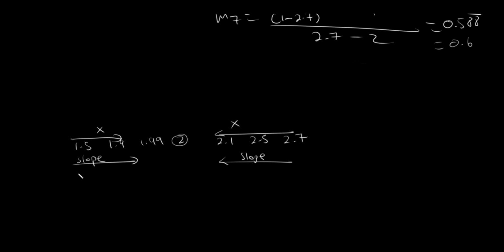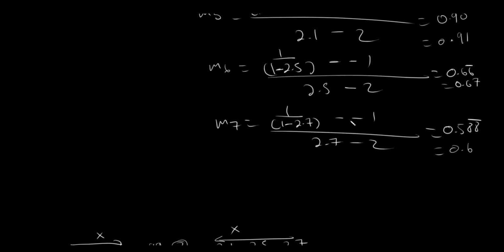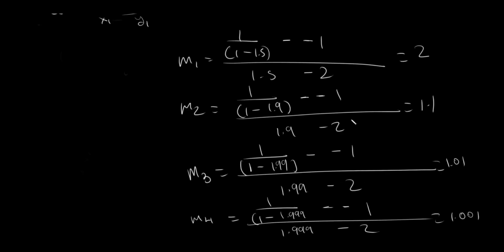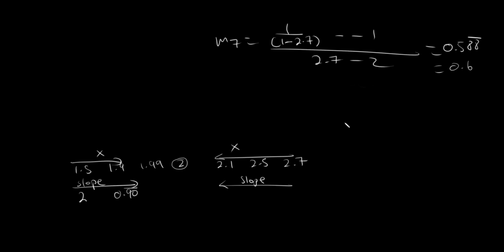So here we have gotten 2 for 1.5. Excuse me, for 1.9 it's not 0.19, it's 1.1. Excuse me, here's gonna be 1.01. Oops, I forgot.